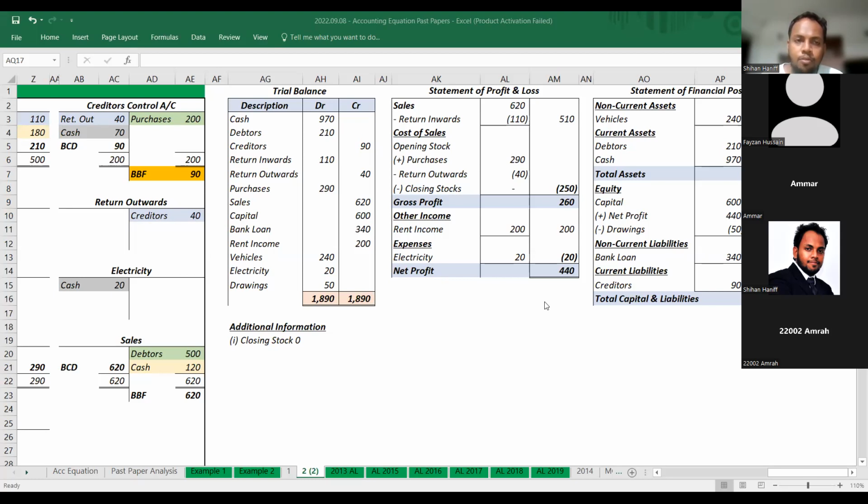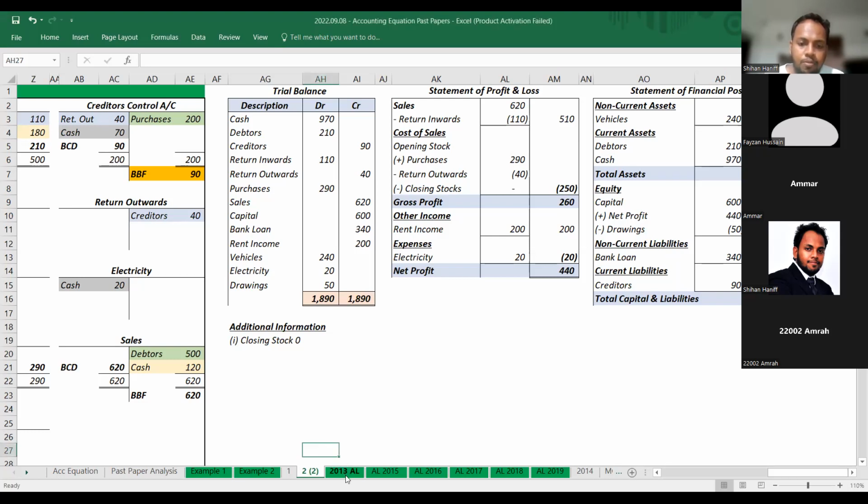Okay, when you are studying, always see the broad picture, the overall picture. Then we can study one by one. So tomorrow, don't forget, if you can do the past papers and come, we can finish the entire accounting equation chapter.